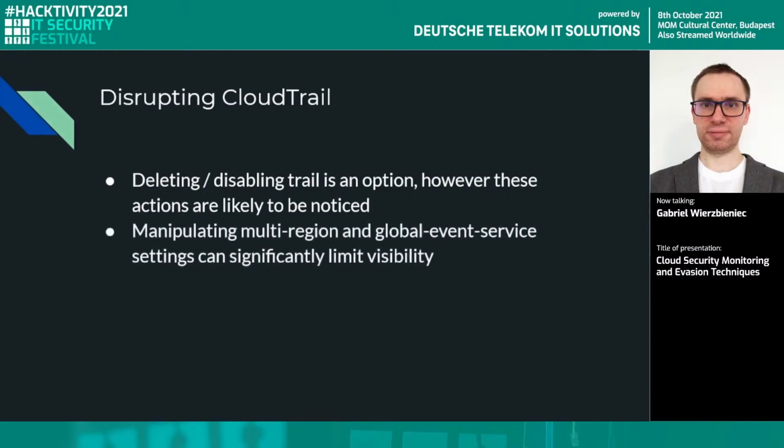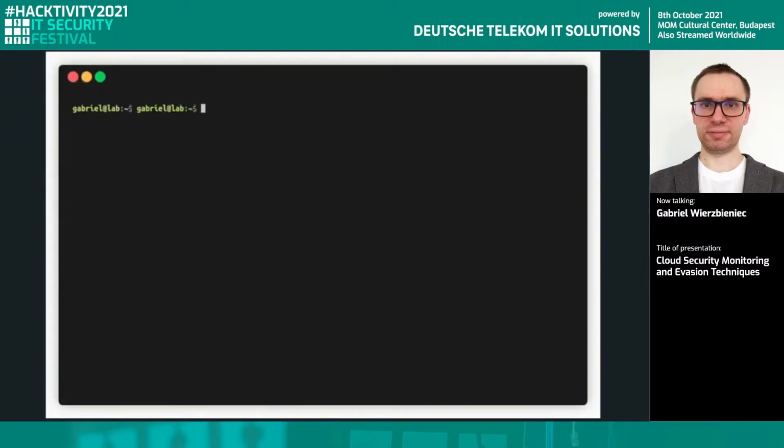So there's another route. We can manipulate the logging settings of CloudTrail. In this case, we're going to disable the multi-region and global service events settings to limit visibility. So we have a trail.